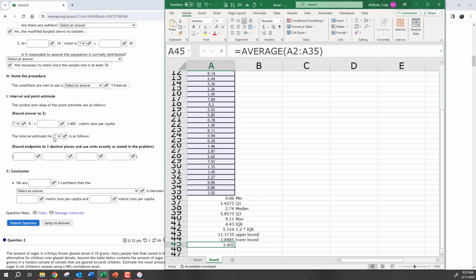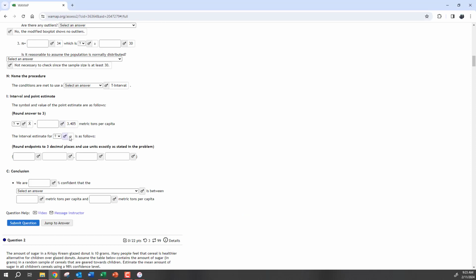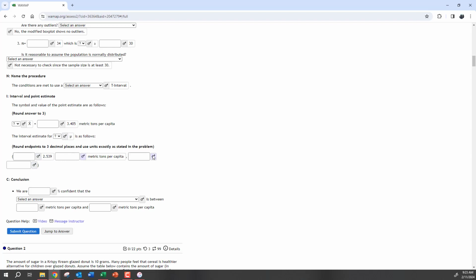The interval estimate for mu, right? We're trying to find an interval for mu is, and then this is where we're finding our interval, and they're just putting metric tons per capita after each thing. So this is where you have to find your confidence interval.